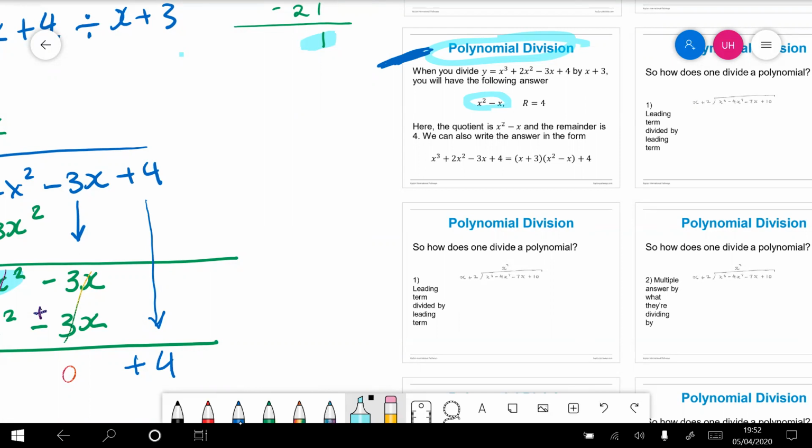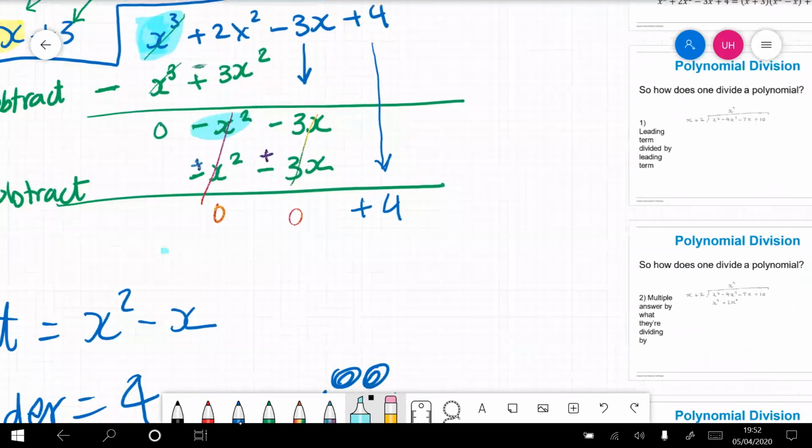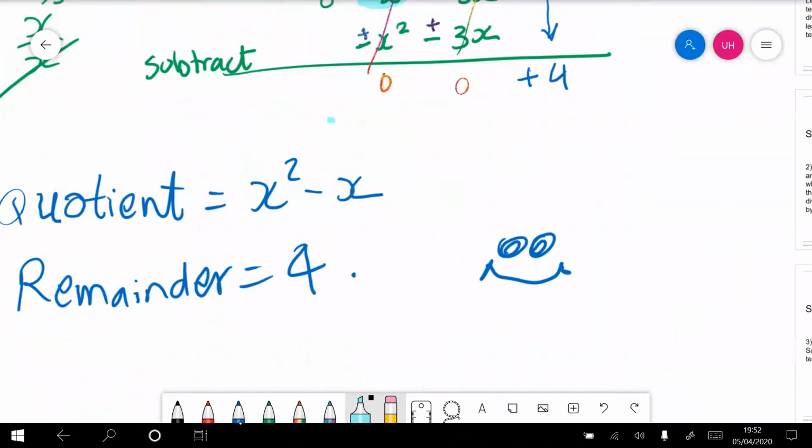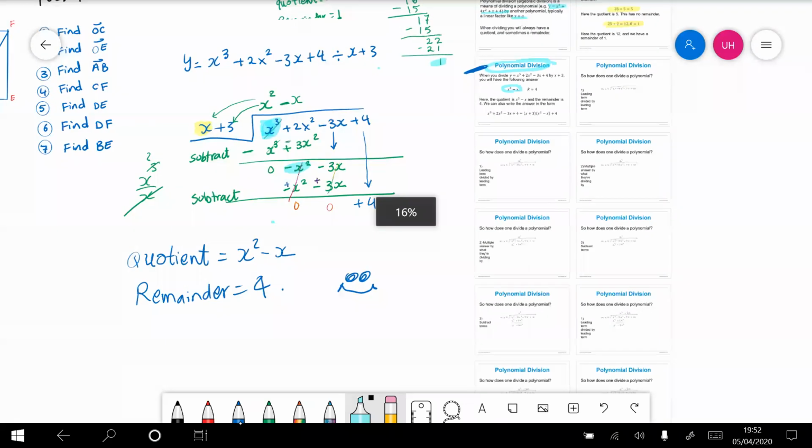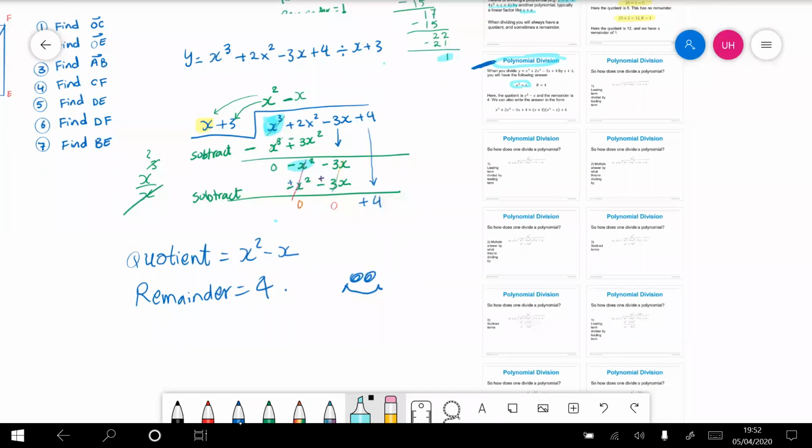So how can we write it? We can write it this way, as the quotient equals this and the remainder is that. Or you can also write it as a multiplication of these two terms: x squared minus x, which is the quotient, multiplied by x plus 3, plus 4, because this is the remainder.